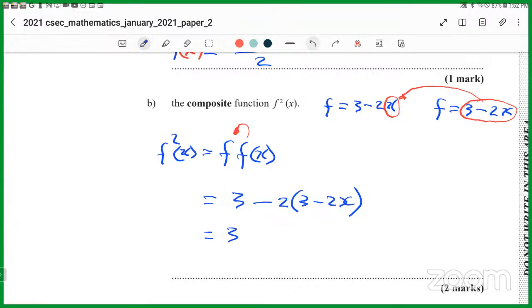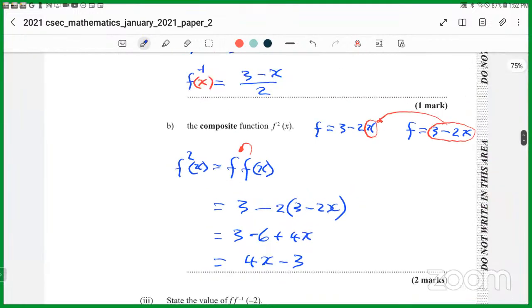I'm careful because of the minus. So it's minus 2 times 3, which is negative 6. Then minus 2 times minus 2 becomes a positive 4x. So the final answer is negative 3 plus 4x, same as 4x minus 3. That's f squared. I like this question. I like the fact that we did this one.